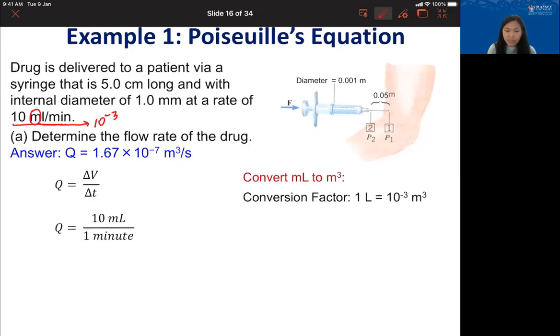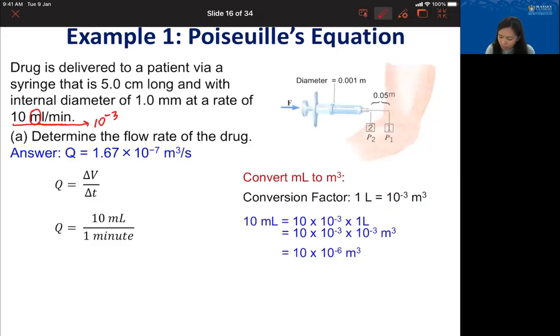So convert milliliters to cubic meters for volume. 1 liter is 10 to the minus 3 meter cube, as we've seen in the previous lecture. That's the conversion factor you need. Milli is the prefix, which is equal to 10 to the minus 3.